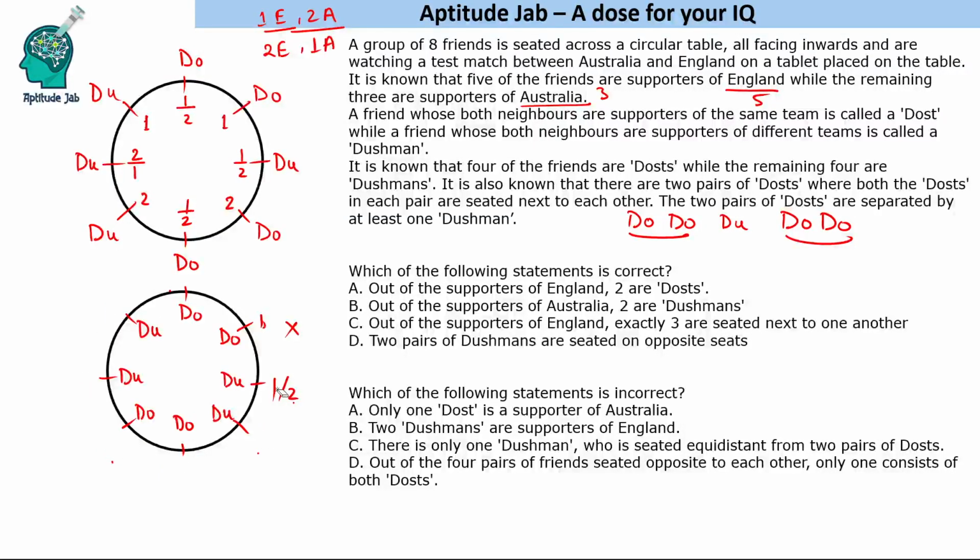This case is not possible because in both the scenarios we are getting 4 supporters of each team, right? So dost dushman, we will convert this to dost and dost. Okay, this will be dushman, only this difference. Okay, dost dushman dost, this is dost and dushman.